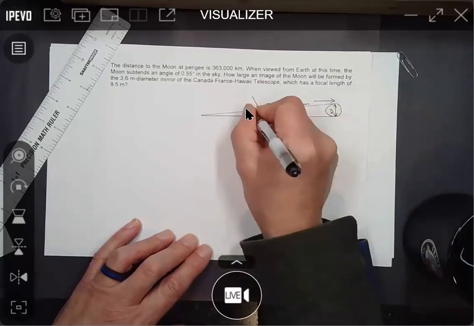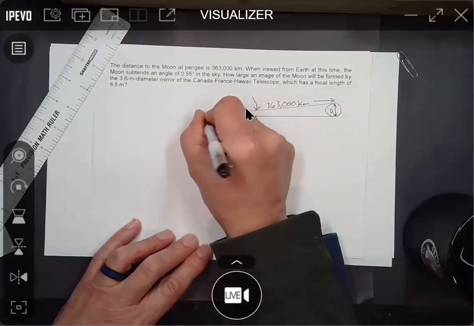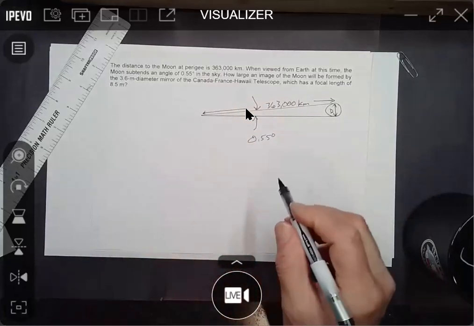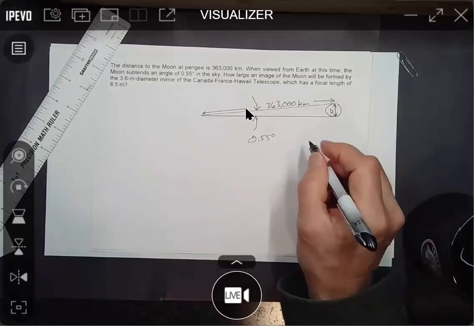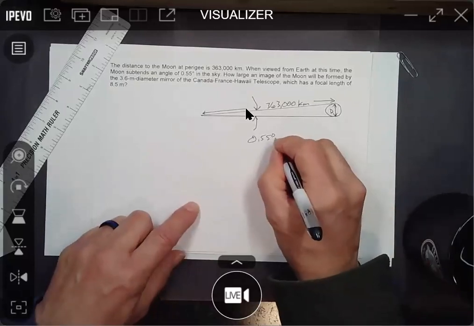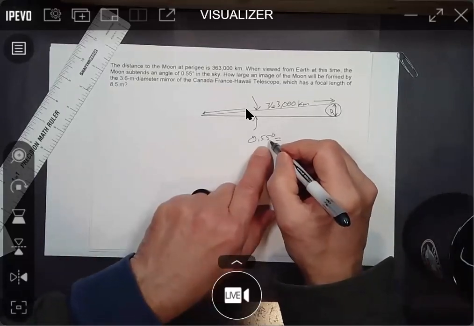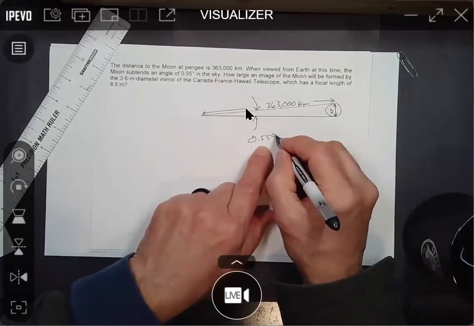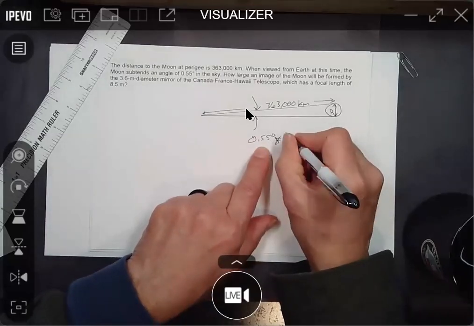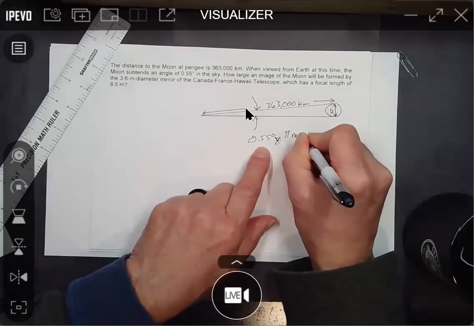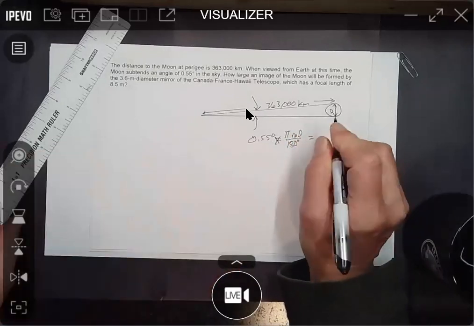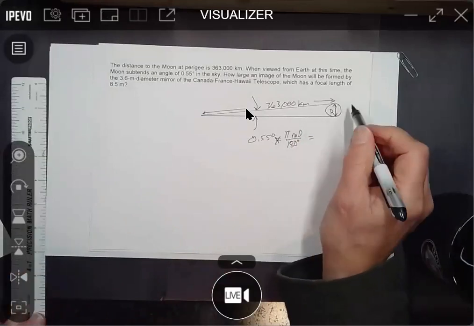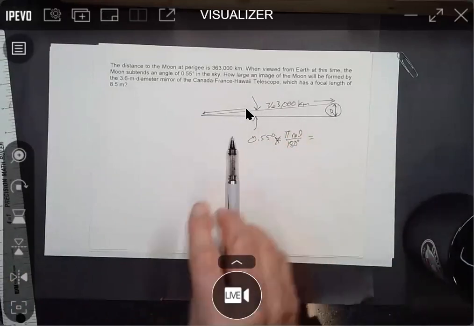I'm going to convert that to meters pretty quickly just by adding 3 more zeros. That's how far away it is. And if I convert this angle to radians, I'll multiply it by pi radians over 180 degrees. I'll be able to figure out what the diameter of the moon is from this.